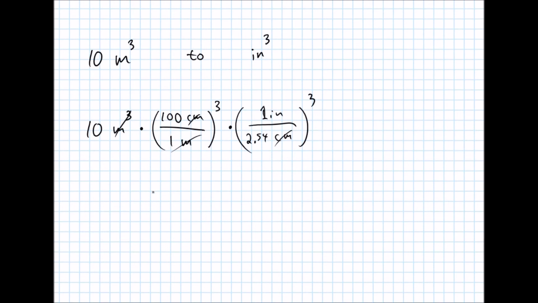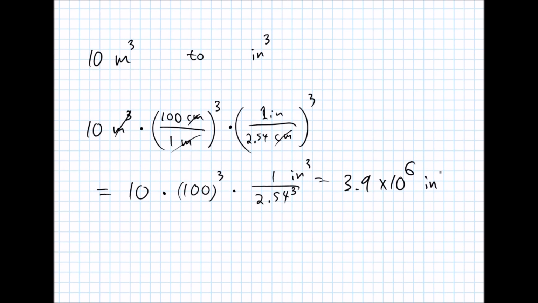And so the multiplication we have, it looks a little messy, let's rewrite it, is 10 times 100 cubed times 1 over 2.54 cubed. And we have inches cubed. Those are the only units left. So I'm getting about 3.9 times 10 to the 6th cubic inches. Takes up a whole lot of cubic inches to make a cubic meter.